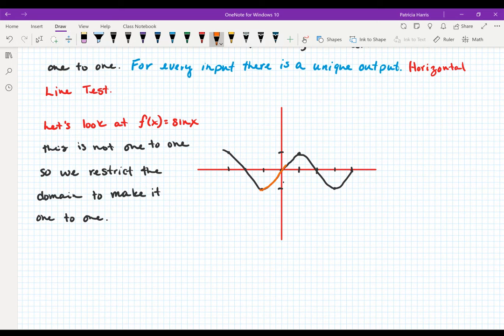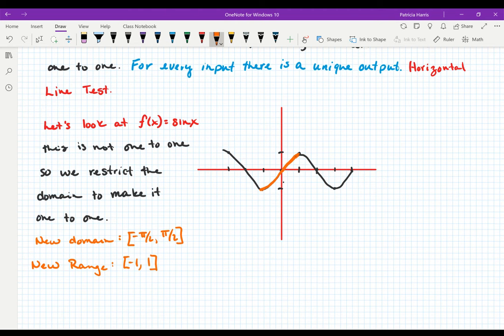So we're going to make our graph of sine just be this orange bit right here. Our new restricted domain becomes negative pi over 2 to positive pi over 2, and our new range is negative 1 to 1.